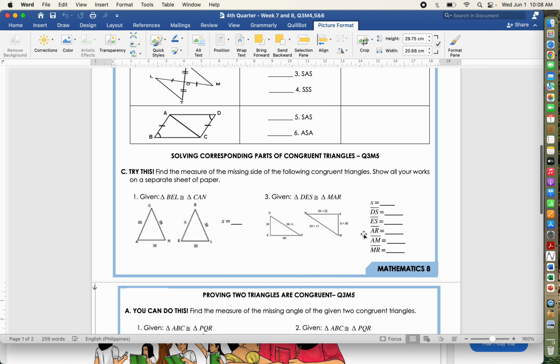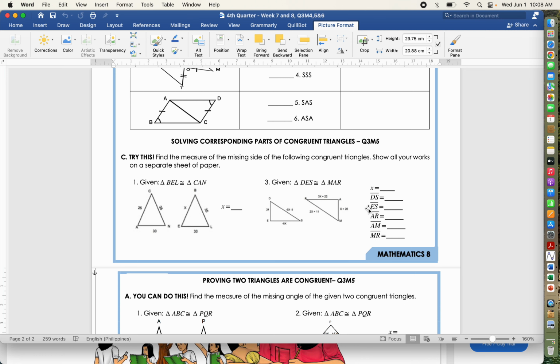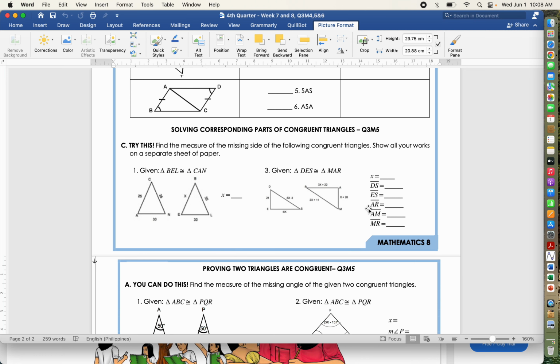And then, sa part C, that's your module 5, solving corresponding parts of congruent triangles. So here, we're going to show some computations on how to find the missing side given the measurements, and then some expressions, yung mga 3x plus 25, and so on and so forth.